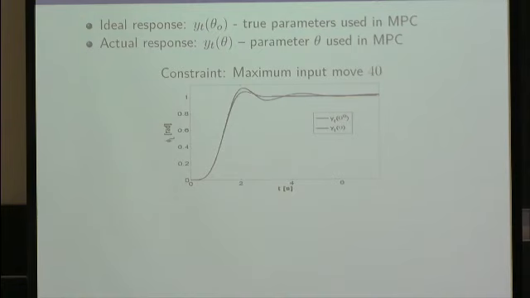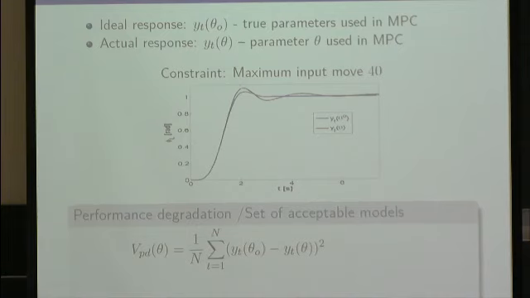And now the idea here in my talk is to measure the quality of this parameter by the deviation between these two curves. So I introduce what I call the performance degradation. It's some kind of measure of the difference between the ideal response and the achieved response. In this case, it's just the sum of the squared errors.